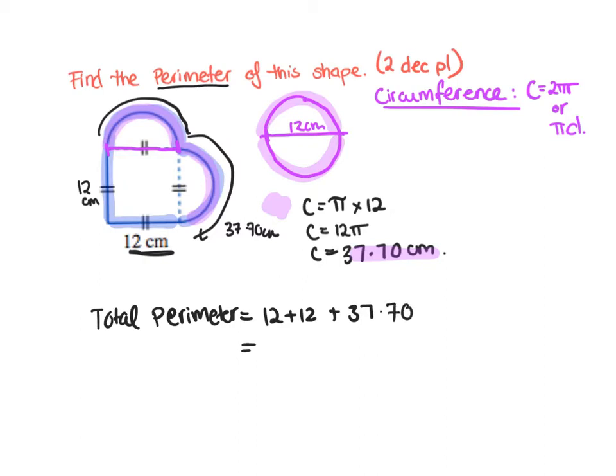So we end up with 61.70 centimeters as the perimeter of this shape. Okay, so you'll be doing some of your questions. Some of them you might have to break up into sections like this and work out different perimeters and then add them all together.